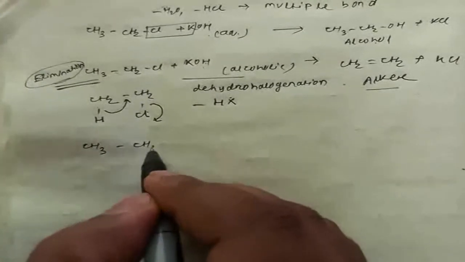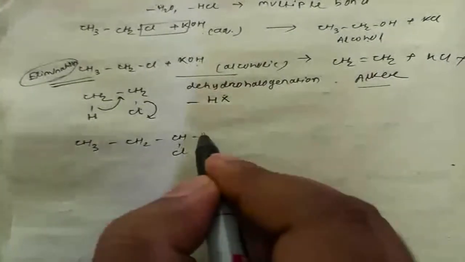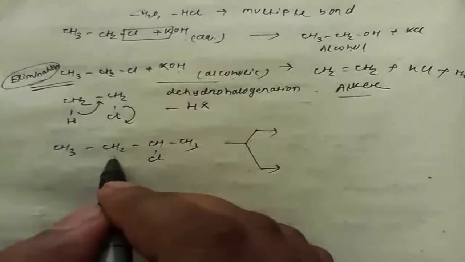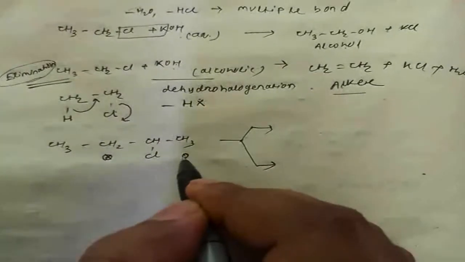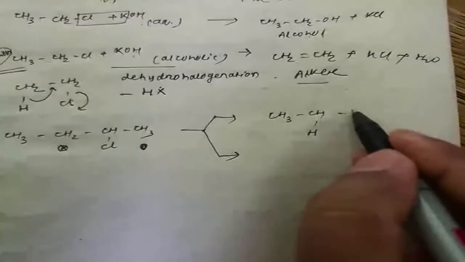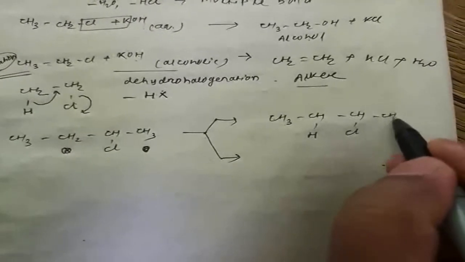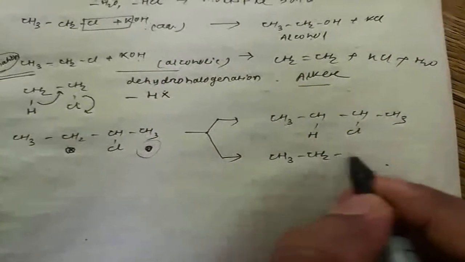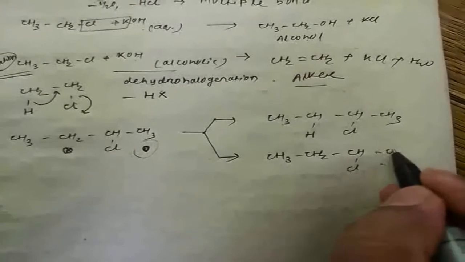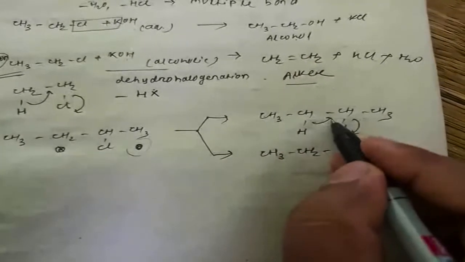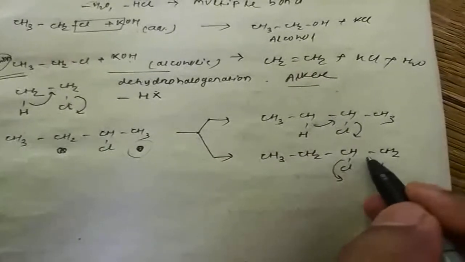One important example is CH3CH2CHClCH3. There are two types of cases. Here we can remove hydrogen from this side and also from the other side, with Cl negative and H positive.